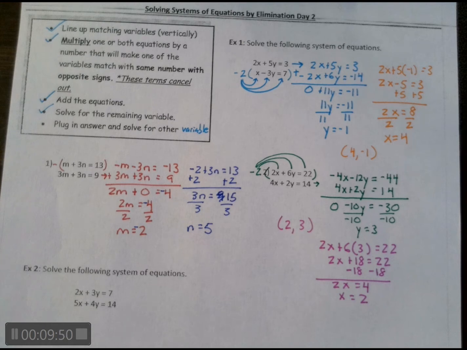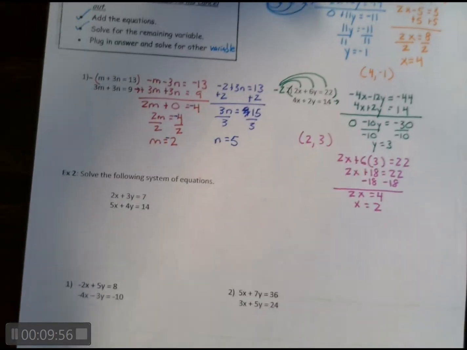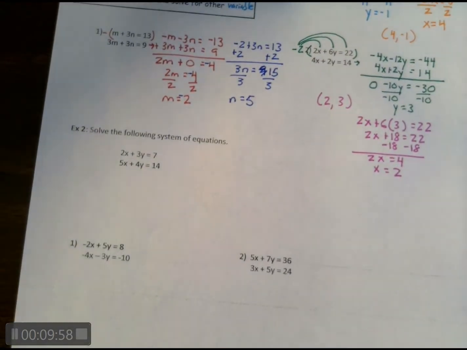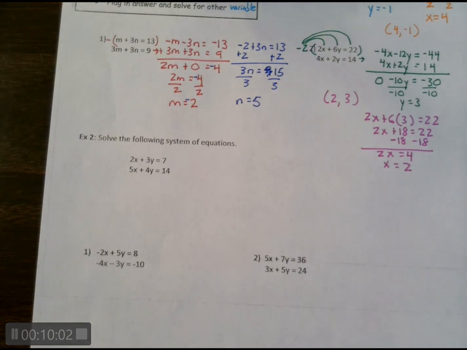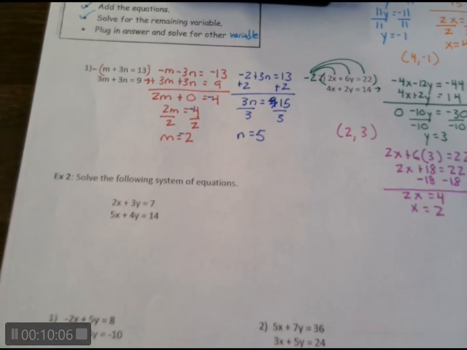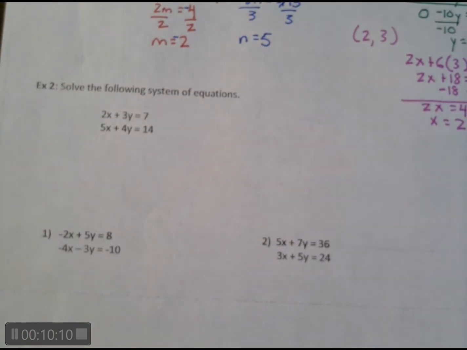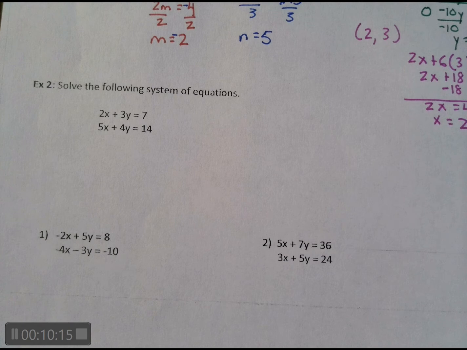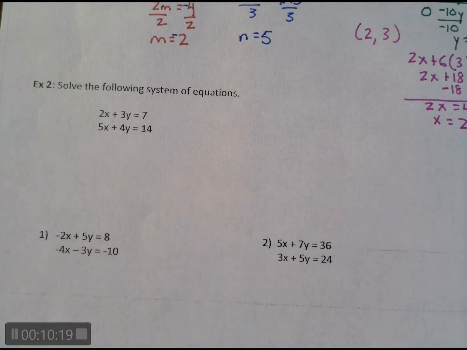Alrighty. So we've gone through multiplying one equation. Let's step it up a notch. And now, if we take a look, our first thing that we should look for is if our equation has the same numbers. So we have 2 and 5, obviously not the same numbers, and 3 and 4, not the same numbers, okay?